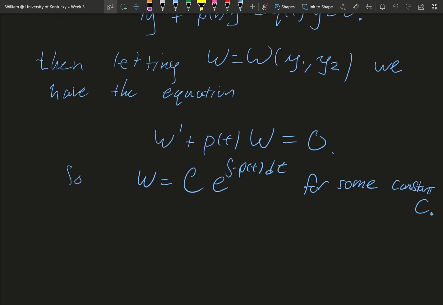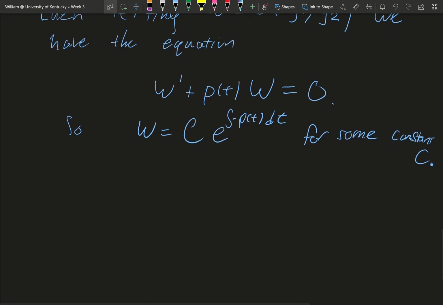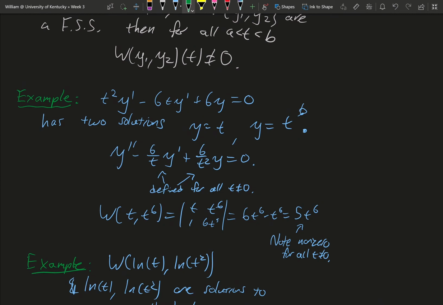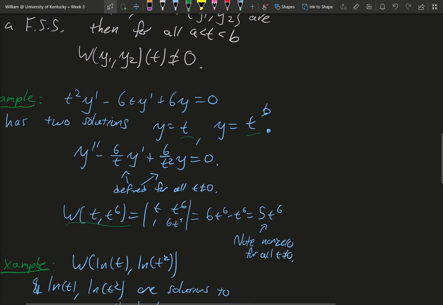All right. So let's look back at our example. We already computed this up here. We had two solutions, t and t to the 6th. We got that our Wronskian was equal to 5t to the 6th, and let's check this.